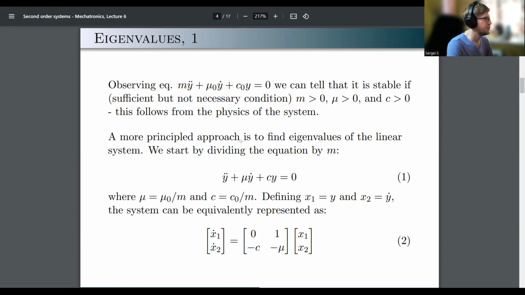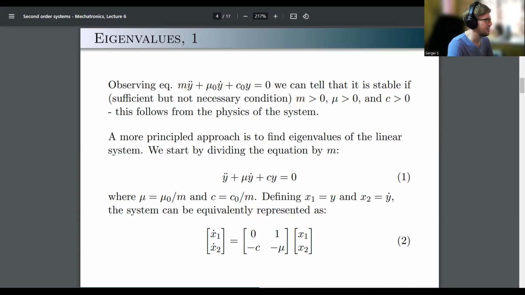More principled approach is to, of course, compute eigenvalues. Let's start by dividing everything by m. You can notice this is equivalent to making sure that the first coefficient m is bigger than 0, because once you divide everything by m, you would get a 1 in front of the highest order derivative. So we start by doing the same thing in both cases.